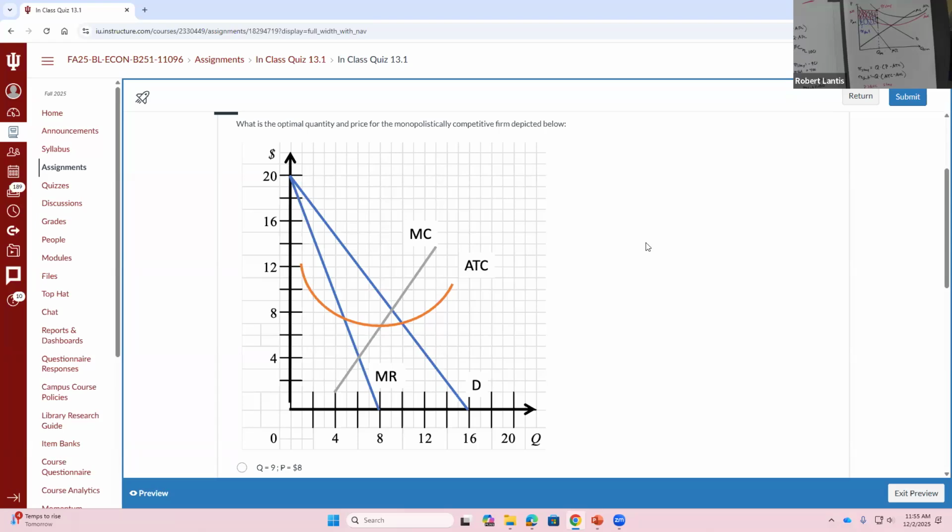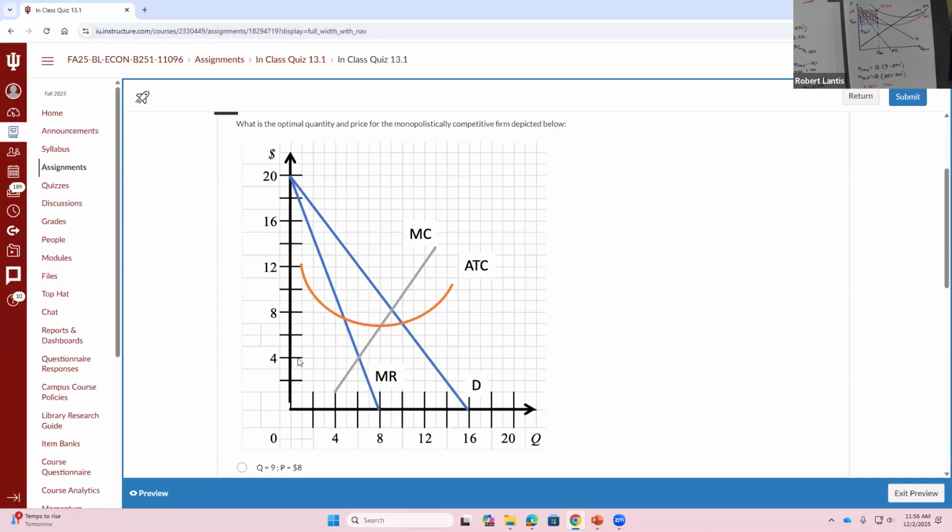So if I've got a monopolistically competitive firm, this should hopefully be an easy question. First of all, we start out solving these models very similar to what we did for a monopolist. It's simply where marginal cost is equal to marginal revenue. So what quantity is that going to be here? I think these black lines are 2 and the gray lines are 1, so it's going to be right at a quantity of 6. What is the price I'm going to set?